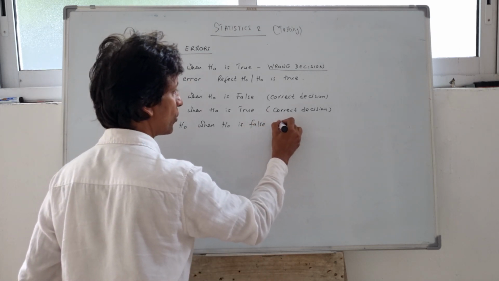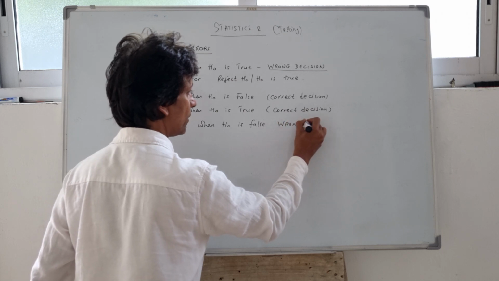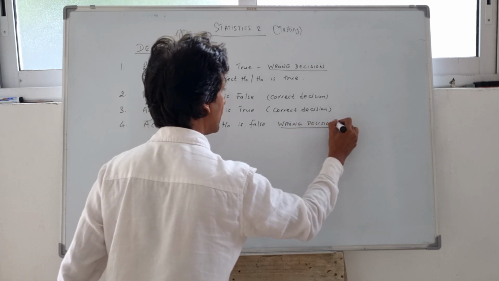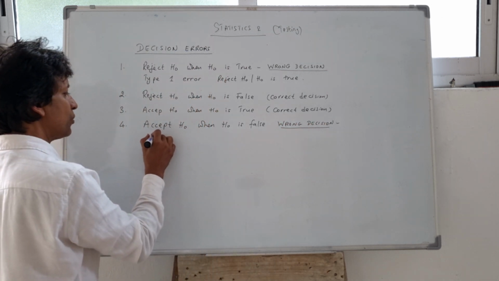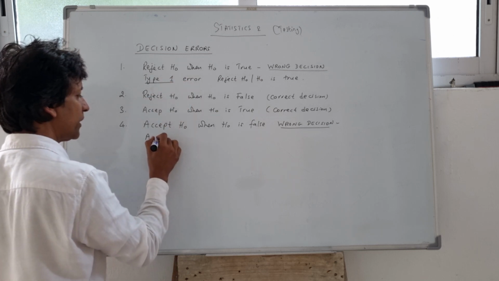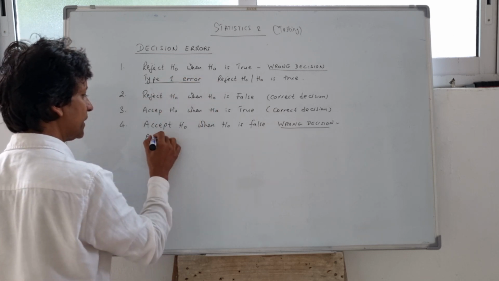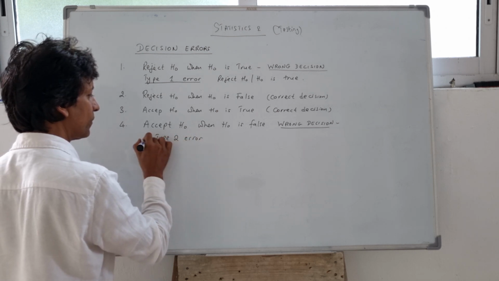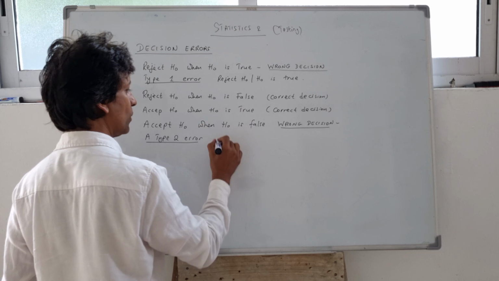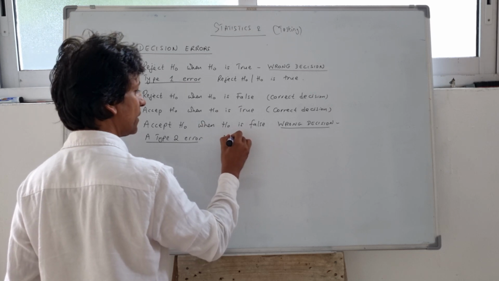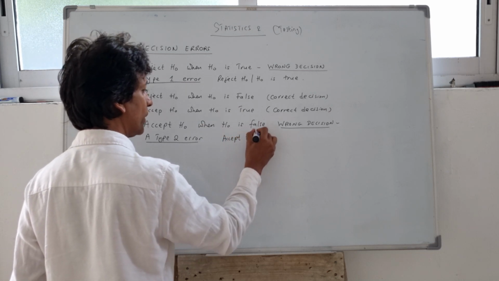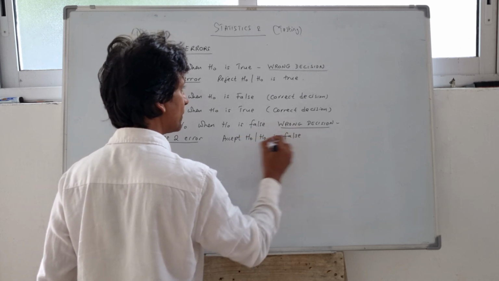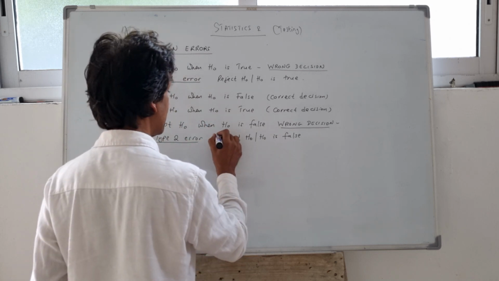And this is your wrong decision. Now this is what we call a type 2 error. Type 1 error over here, and this one is a type 2 error. And the notation is going to be equal to accept H0 given that H0 is false. And so that's the notation.